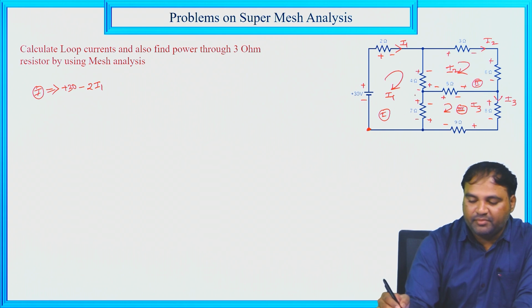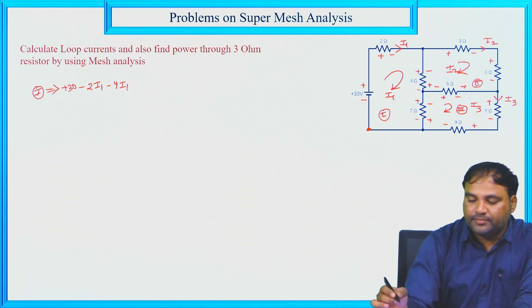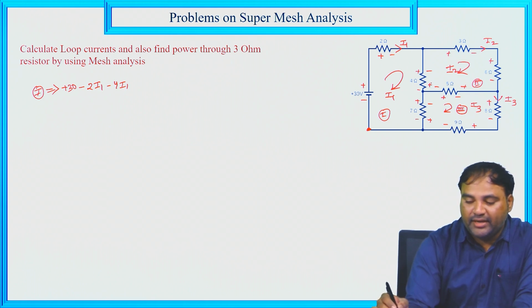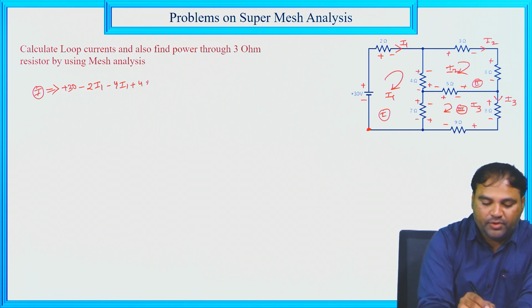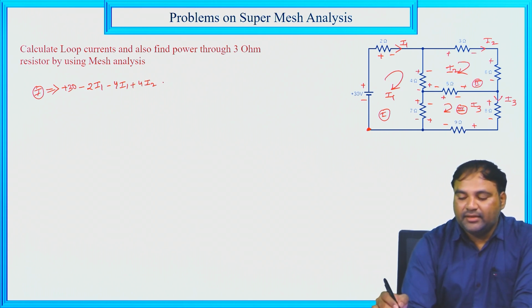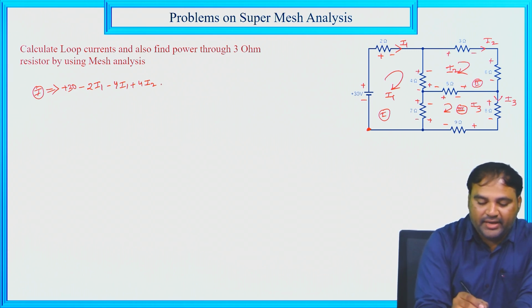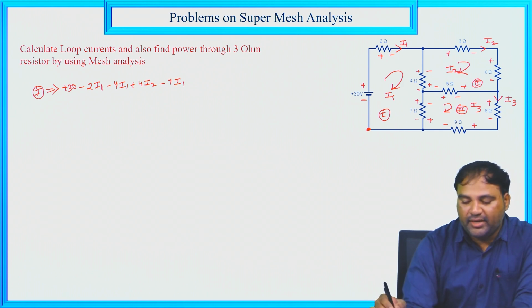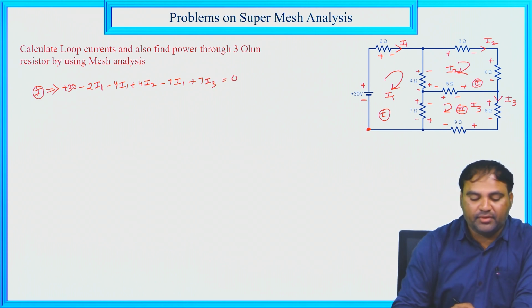So in terms of I1 minus 4I1, and here another polarity also is there, plus 4I2. Similarly, the 7 ohm resistance also is there. So the second polarity is minus 7I1, and here the positive polarity also is there. So plus 7I3 equal to 0. Here is the first loop equation.